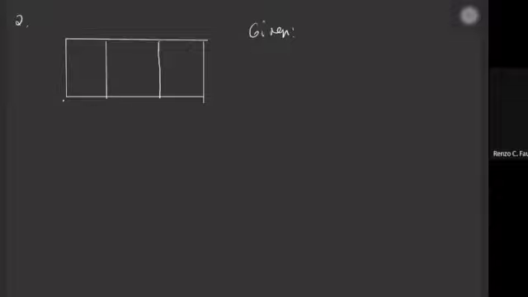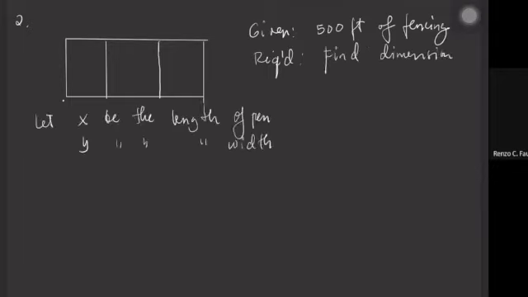You have 500 feet of fencing. The question is, what dimensions will maximize the total area of the pen? So this is what is required. So in this case, you are going to find x and y.